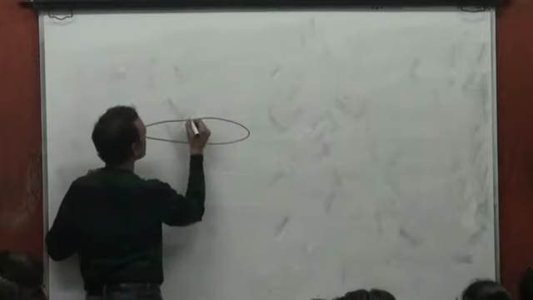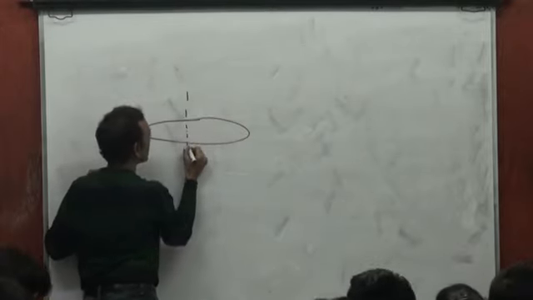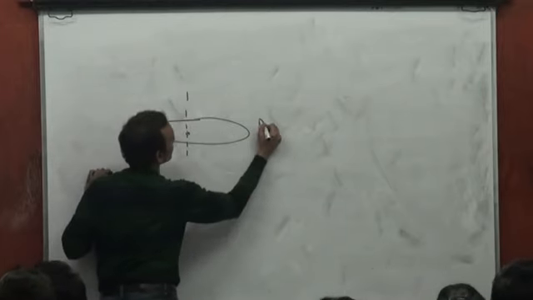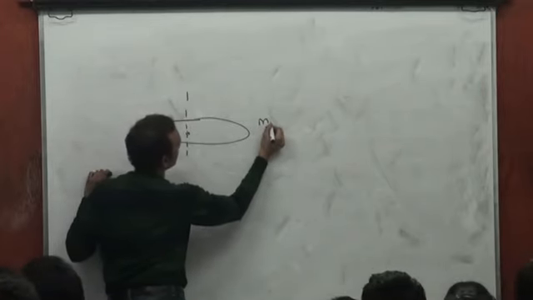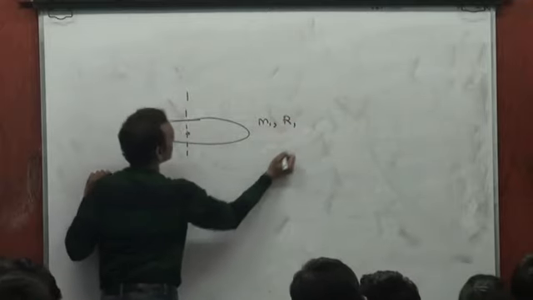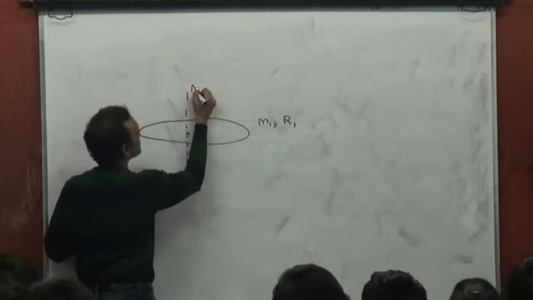Say there was a disc like this, a disc of mass m1 and radius r1, and this was the axis of the disc.